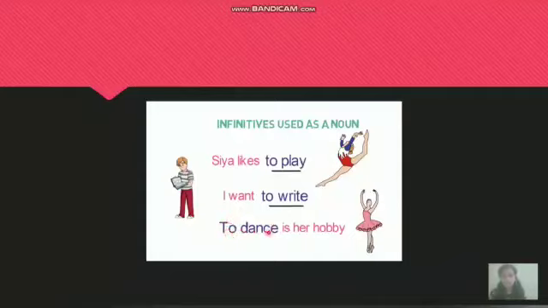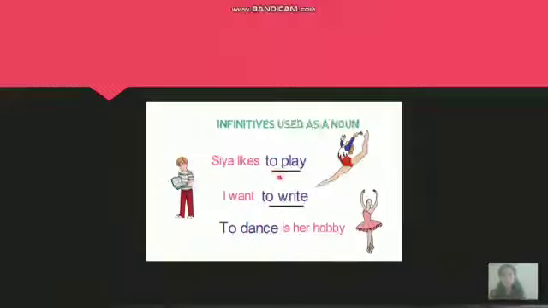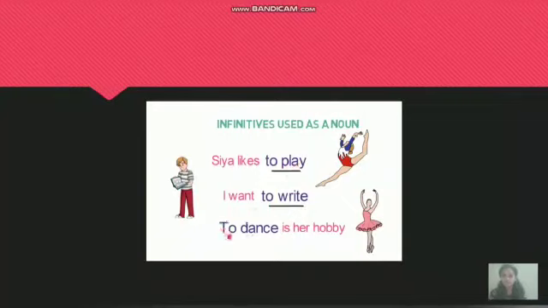So it is not a verb, its main function is to act as a noun. So here either the subject or the object is always a noun or a pronoun. So here to dance, to write, to play are either in the subject place or in the object place. All these are infinitives and their main function is to act as a noun.